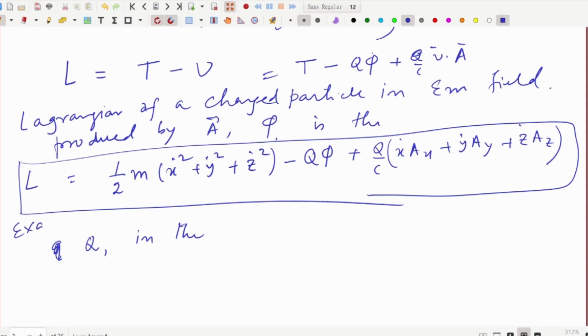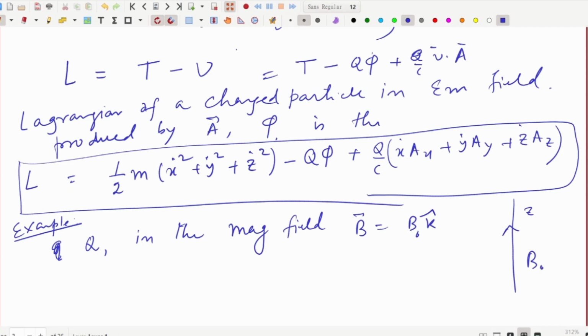Example: a charged particle in a uniform magnetic field along the z direction. Suppose in the z direction you have a constant magnetic field B0. Find the Lagrangian for this.